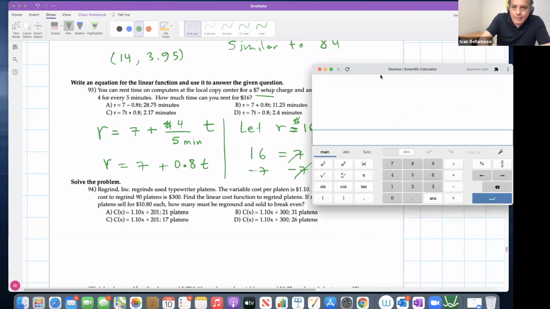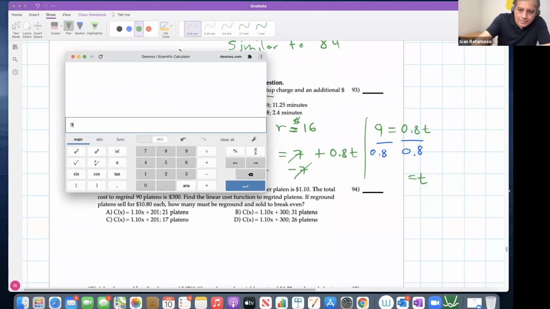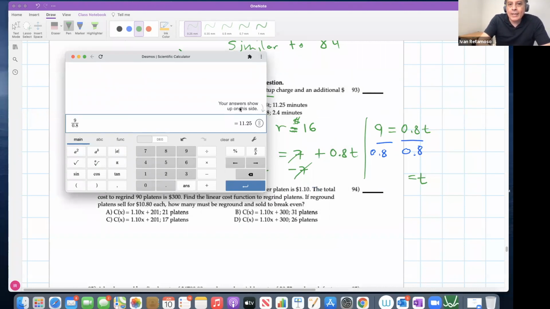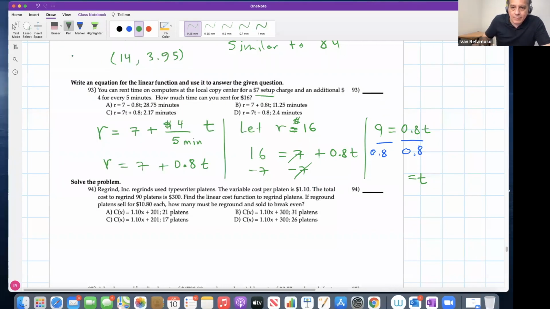Let's see. 9 divided by 0.8, right? 11.25. 11.25 minutes is what you can get out of $16, right? So therefore, look, the rental equation is this, and 11.25 minutes is what you can get right out of that. So that's for 93. Yeah, very good, very good.